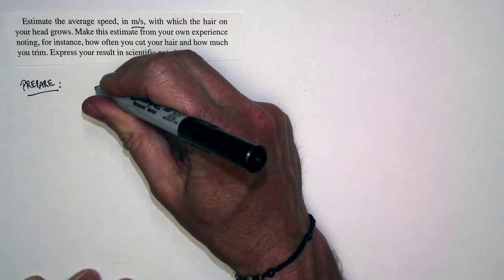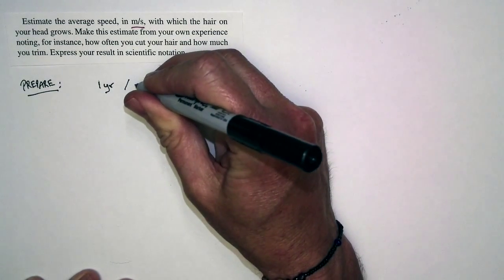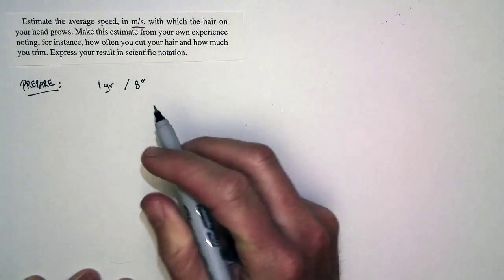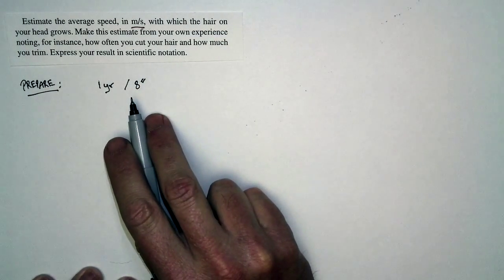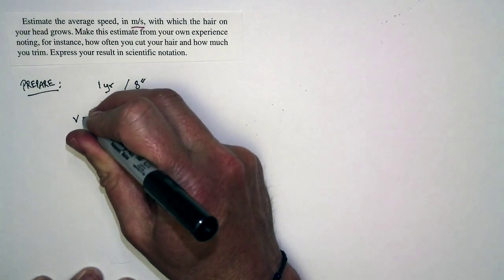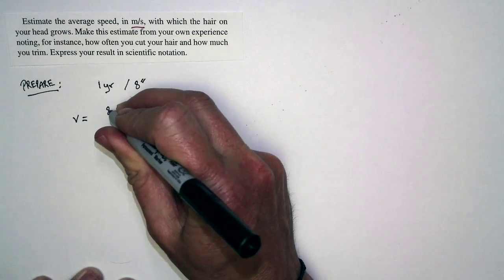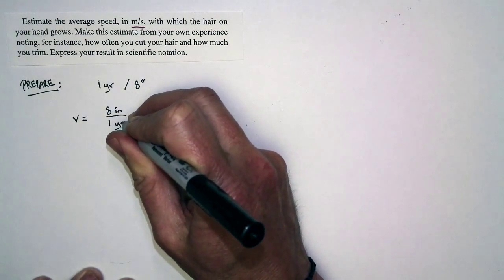And in 1 year, my hair grows about 8 inches. I'm just guessing by how much the length of the hair that's on the floor when everything is said and done. That's about right. So the speed of the growth of my hair is 8 inches per year.